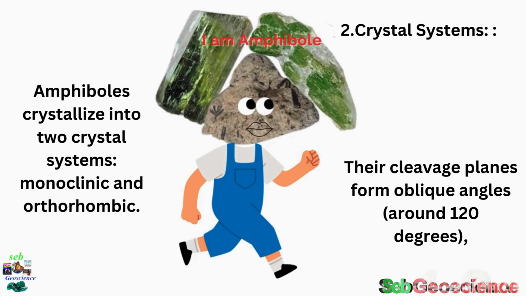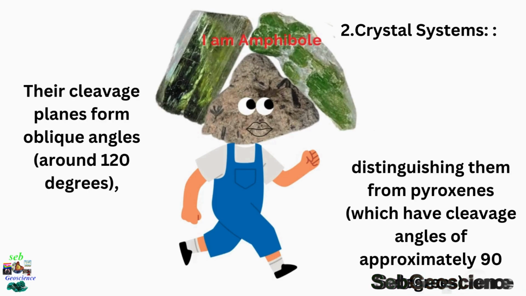They have two sets of cleavage, and the angle between the cleavages is about 120 degrees, distinguishing them from pyroxene, which has cleavage angles of approximately 90 degrees. Both amphiboles and pyroxenes have two sets of cleavage, but they differ in the angle between the cleavages: in amphiboles it is about 120 degrees, whereas in pyroxene it is 90 degrees.